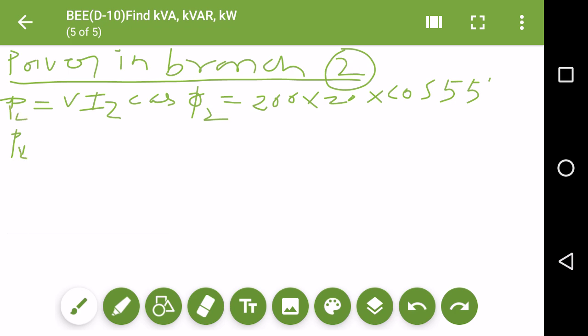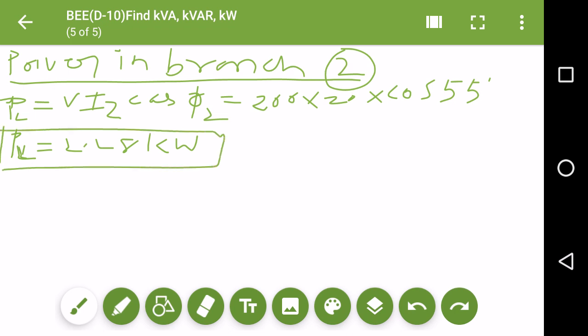We are finding P2. By substituting this value you will get the answer of P2, which comes out to be 2.28 kilowatts. Please note down the unit because that is important. So P2 is 2.28 kilowatt.